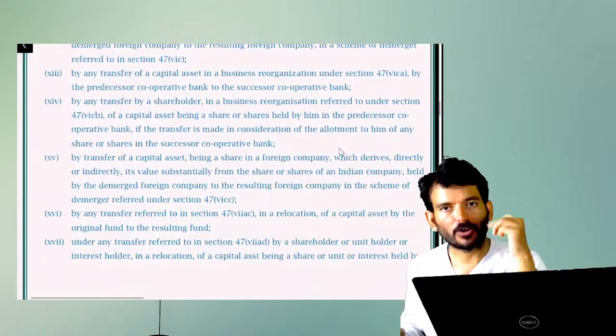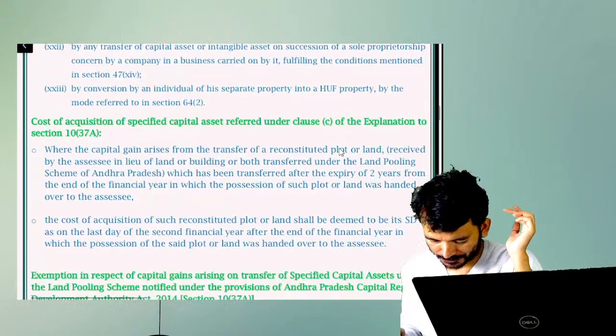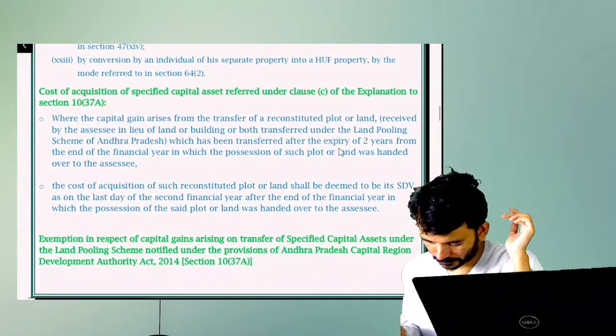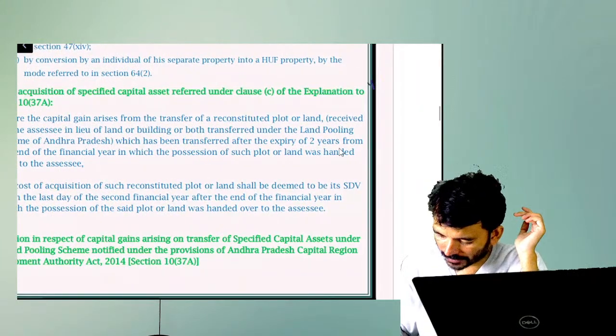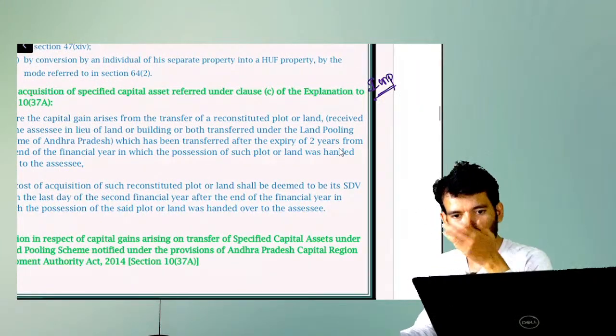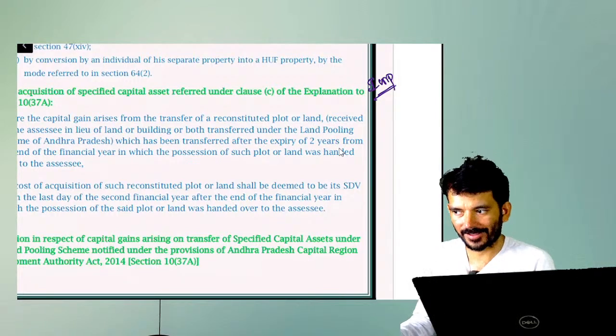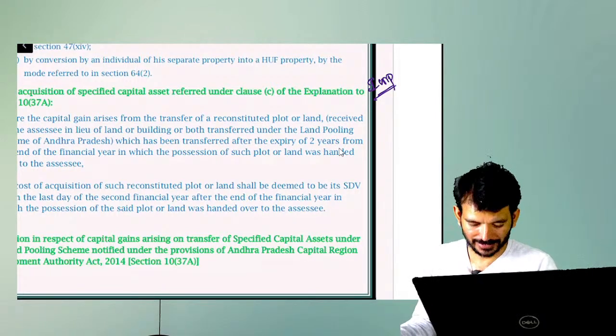So in all these cases, you will be considering the cost to the previous owner. So this is important, guys, and because I know people will be watching from our own states, Telangana and Andhra Pradesh, the amendment was made just for us.